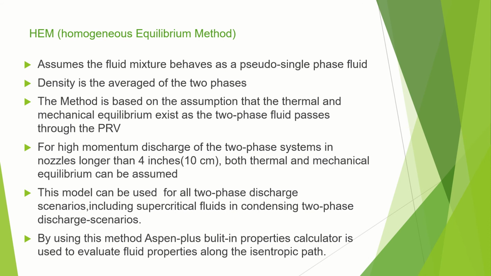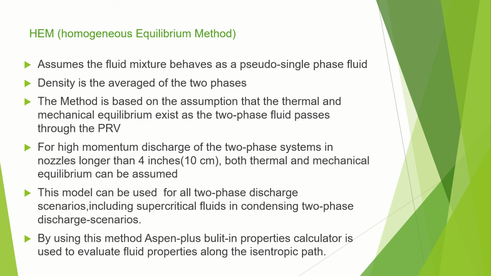The other thing that I can explain is HEM, the homogeneous equilibrium method. According to this method, the assumption is that the fluid mixture behaves as a pseudo single-phase fluid, and also in this method the density is the average of the two phases. Also, the assumption is that thermal and mechanical equilibrium exists between the two fluid phases through the PRV for high momentum discharge of two-phase systems in nozzles longer than 4 inches or 10 centimeters.